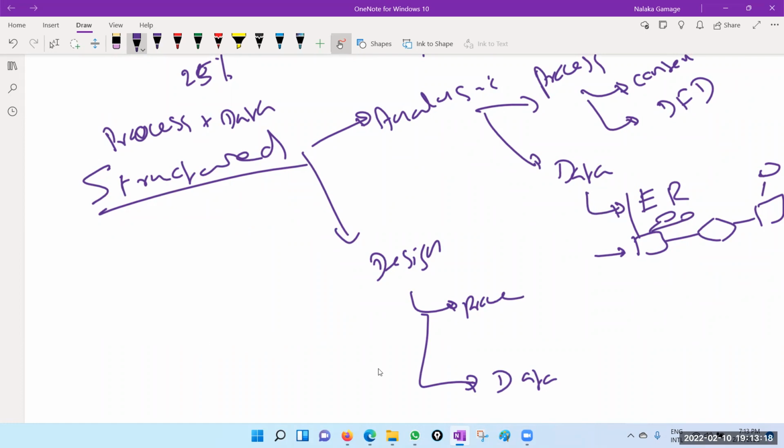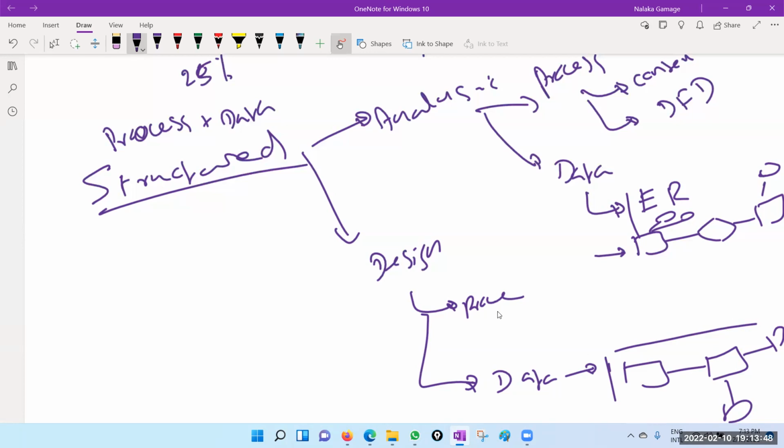For the data, you come up with the final normalized ER diagram, where you have identified your primary keys, foreign keys, and those kinds of things. That is the main, detailed designing artifact for the data.